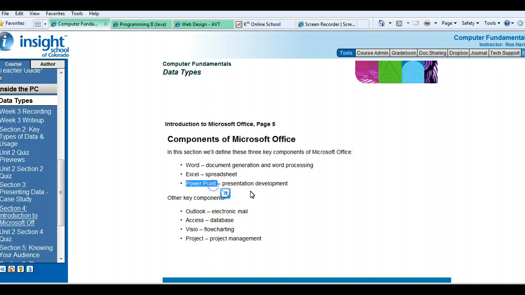PowerPoint can be used to create a presentation for a book report, or a business presentation. So I don't want you to just copy and paste this information. I want you to give me a specific use of Word, Excel, and PowerPoint, just like I had just said.